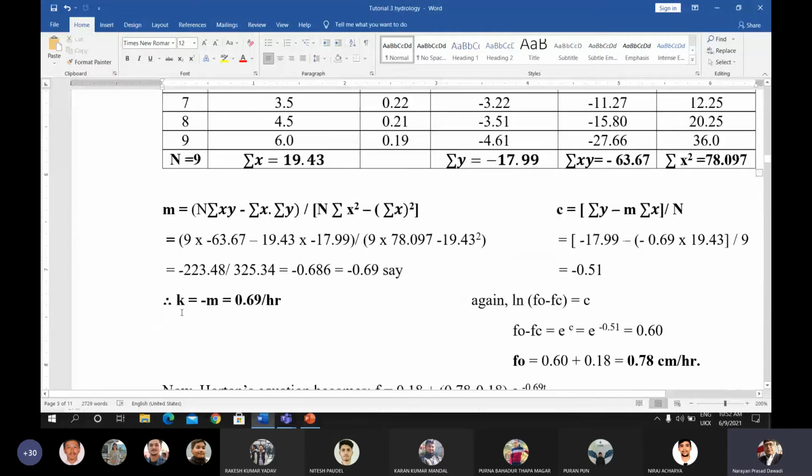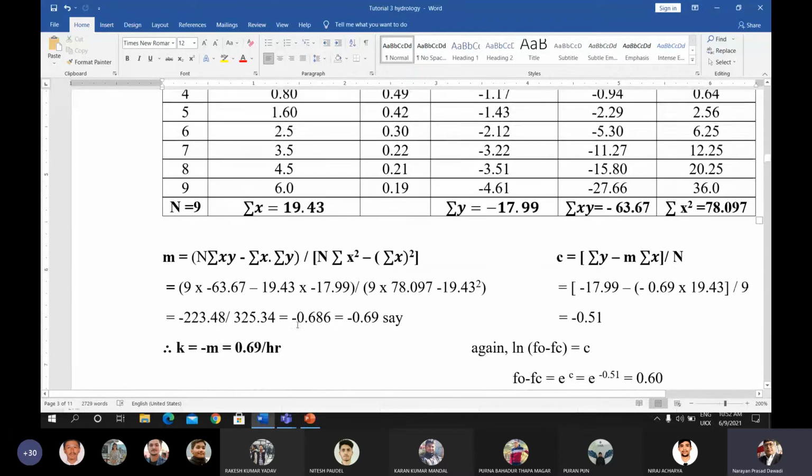That's why the value of k is equal to minus m, which becomes the positive 0.69 per hour. Since m is minus 0.69, after multiplying by minus, it becomes plus, which gives the value of 0.69 per hour. The unit of k is per hour. That's why plus 0.69 per hour.